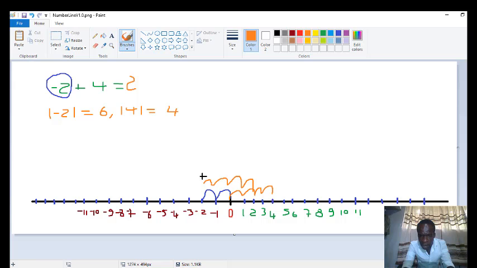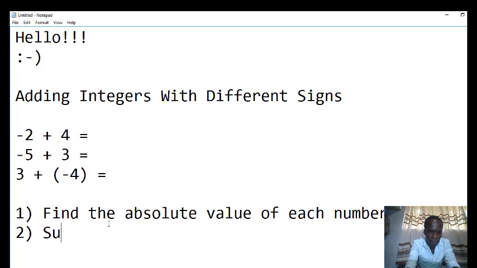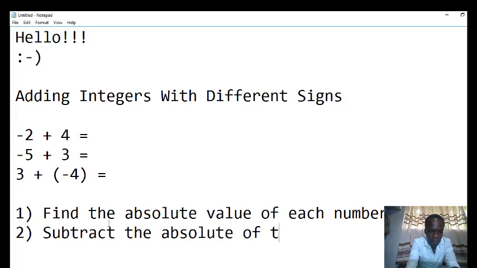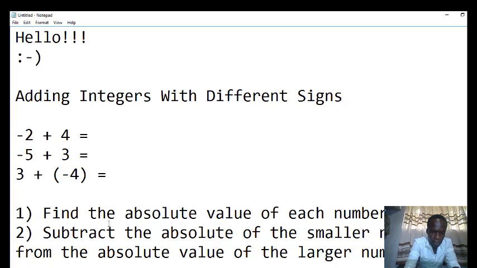Then for the second step, we say: subtract the absolute value of the smaller number from the absolute value of the larger number.